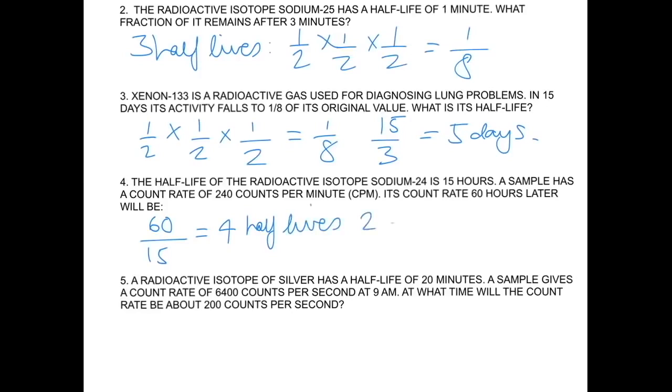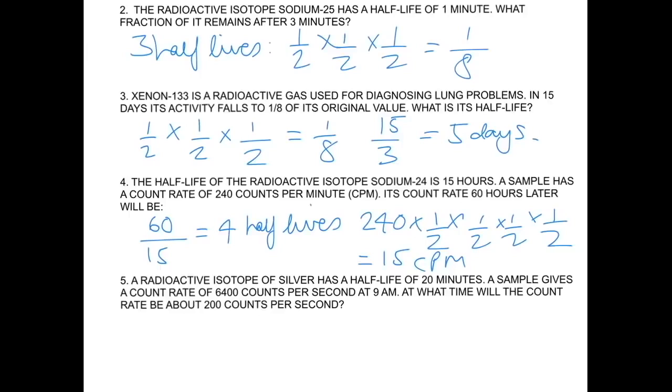So therefore, after 1 half-life, 120 counts would remain, but there were 4 of them, so I'm going to times it by a half 4 times, and that is the same as 240 times the answer, and that is 15. So its count rate after 4 half-lives, I've divided 240 by 2, or times by a half, 4 times, and I have got 15 as my answer. So that's 15 counts per minute.